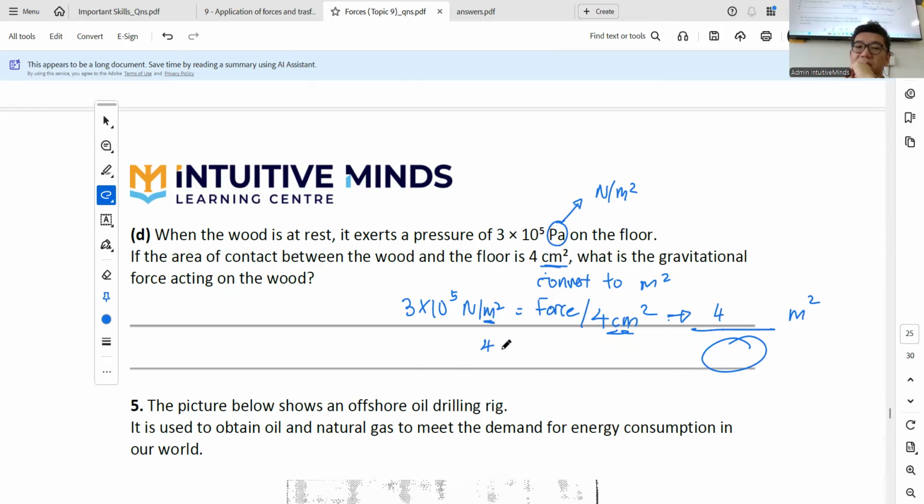To convert 4 cm square to meter square, you can start with changing this to 4 cm times 1 cm. If you have any other numbers, 15 cm square, for example, just take 15 cm times 1.